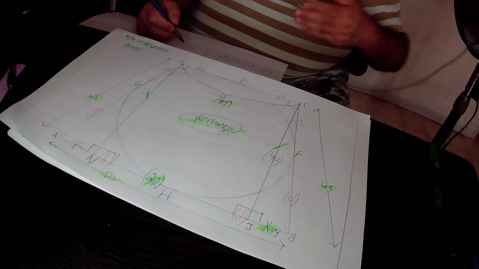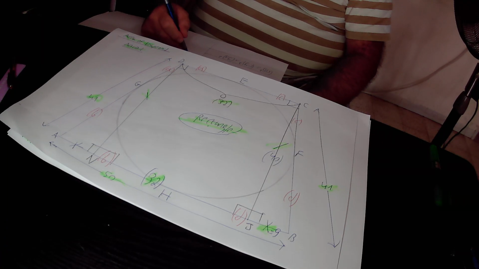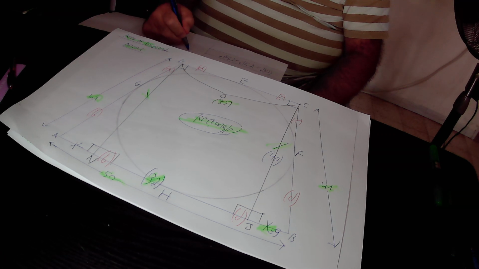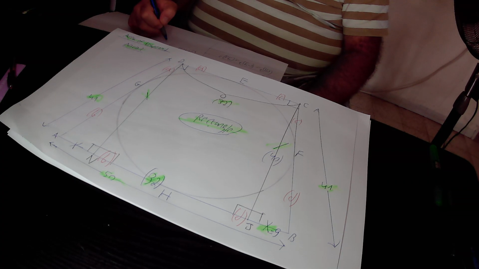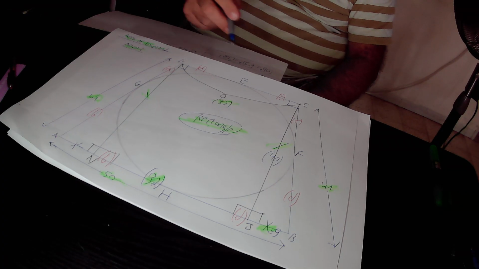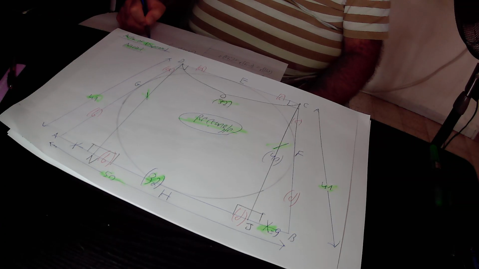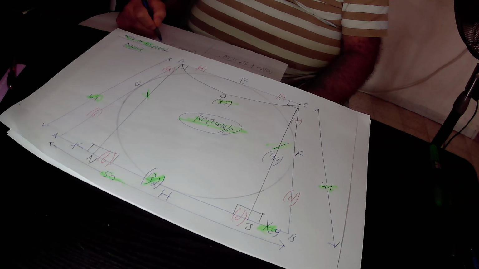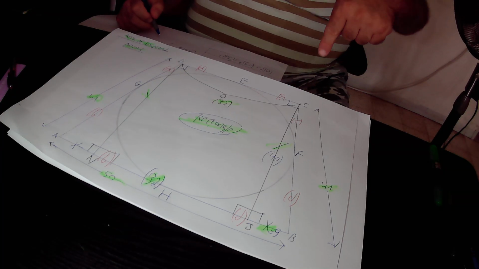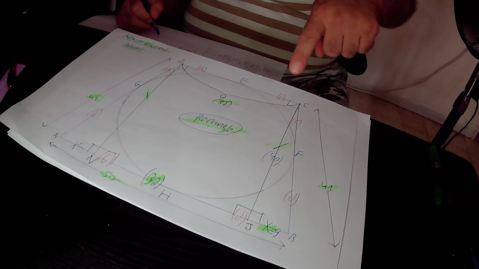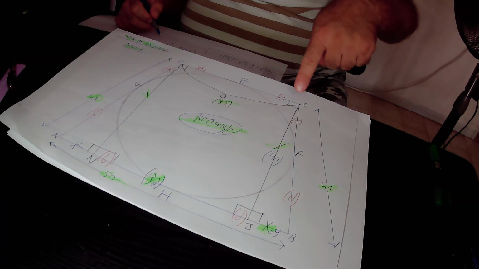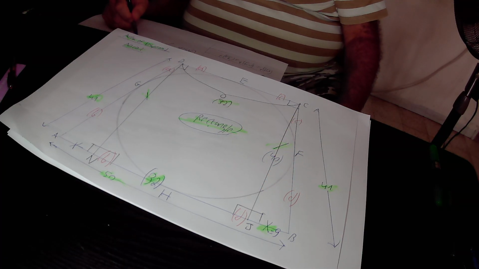So the area of this trapezoid ABCD must be equal to the sum of its two parallel bases. The two parallel bases are DC and AB. So it is DC plus AB times the height over 2. The height is CJ. Why is the height CJ? Because it makes 90 degrees with the two parallel bases. So times the height CJ over 2.